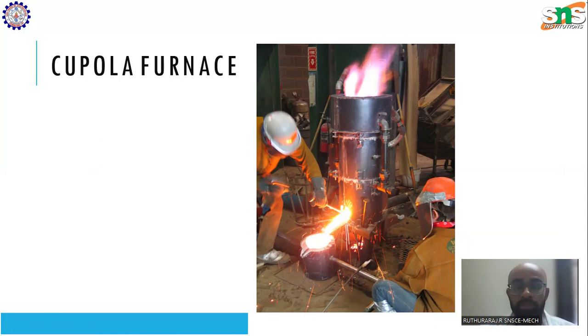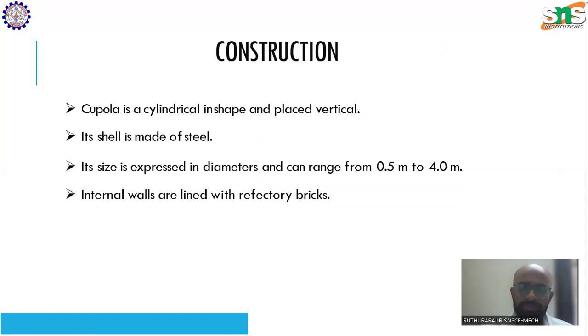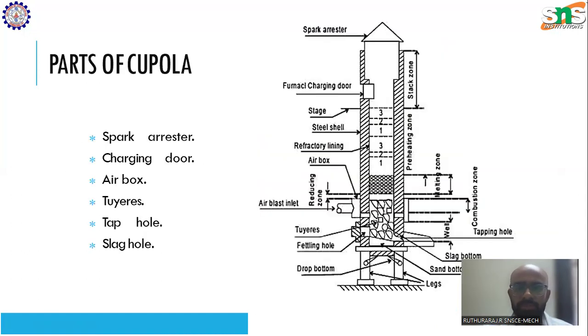Here, as you can see, a huge amount of heat is generated. I said that this cupola furnace is a scaled up version of your normal stove. Then how are such huge temperatures generated? That's a question we need to answer. In a normal wood stove, the temperature may be around 200 degrees Celsius, at the maximum 300.